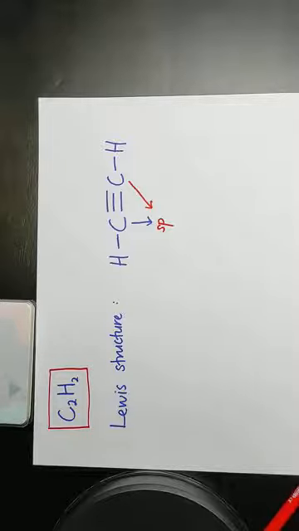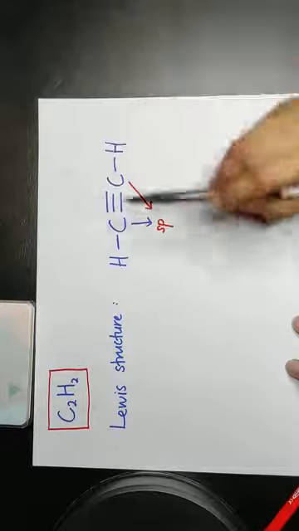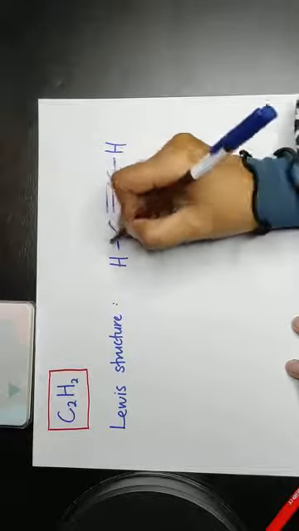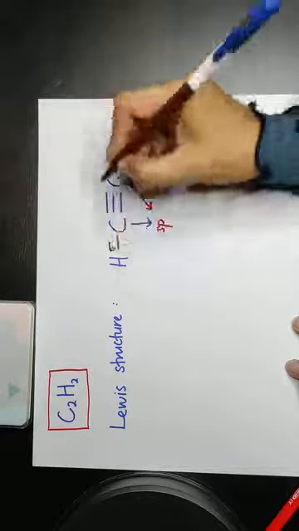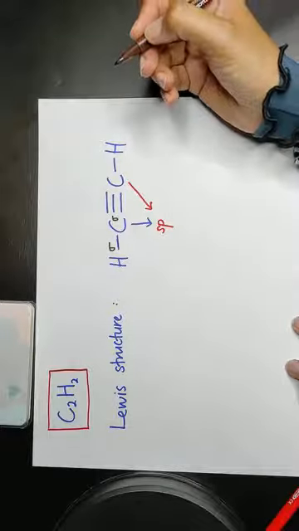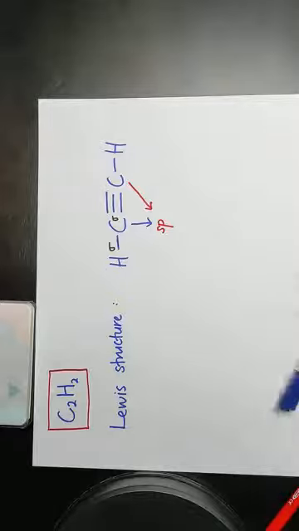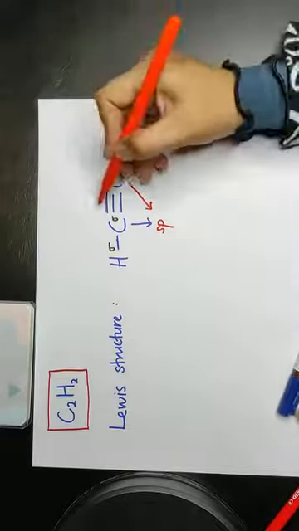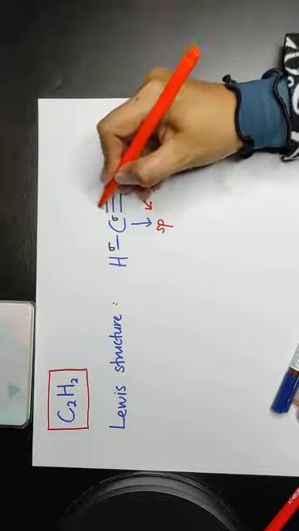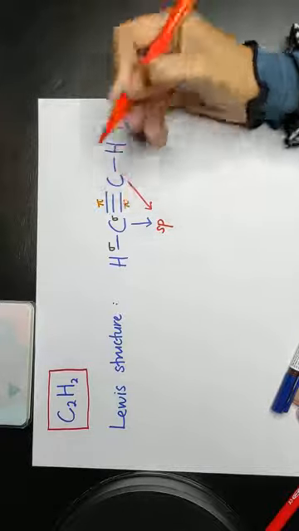In this molecule, you can see around this carbon atom, the first carbon, it has 1 and 2 sigma bonds, and in one triple bond it contains 1 sigma bond and 2 pi bonds.